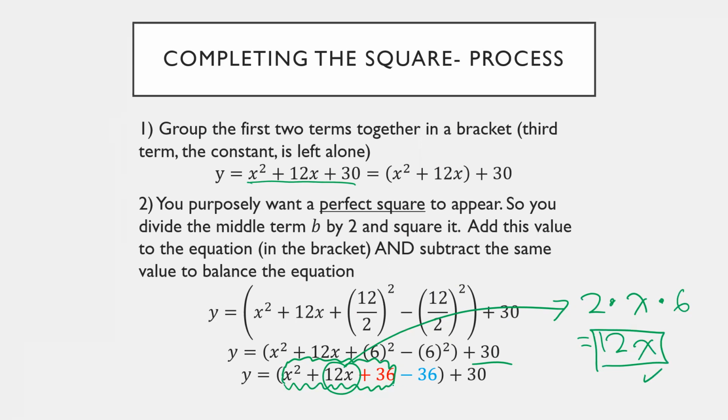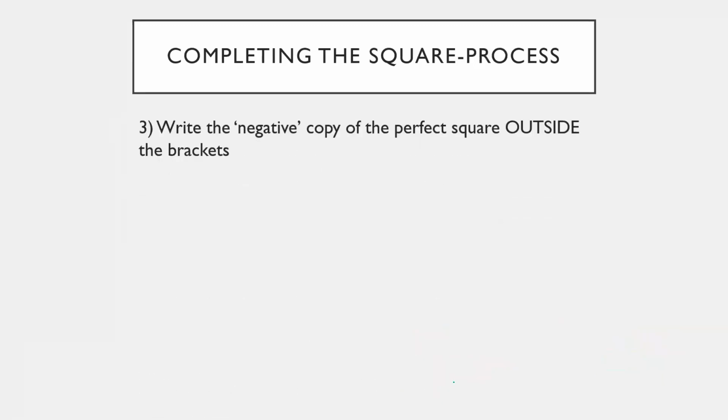So now we look at that and say, okay, x squared plus 12x plus 36 is the perfect square trinomial we wanted. Unfortunately, this negative 36 over here is not going to be part of that group. We should exclude it from that group. So in our next step, we simply take the negative copy of the perfect square.